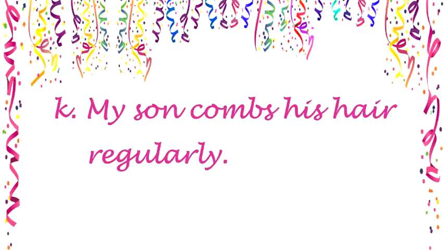Next we have my son combs his hair regularly. I'm sure this topic is clear to you now. So the verb is combs and my son combs what? Yes, my son combs his hair. So that means we have an object. So combs becomes our transitive verb.